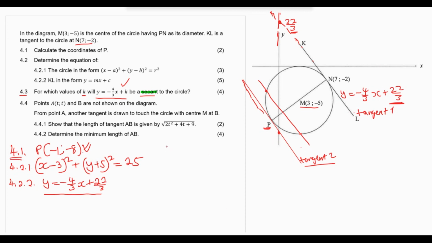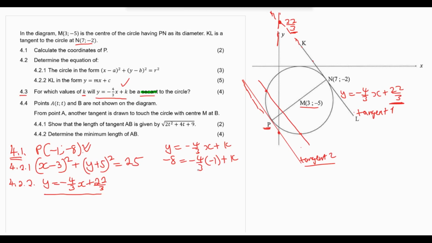So it's going to be y = -4/3 x + k. And then we substitute y = -8 and x = -1. So -8 = -4/3 times -1 plus k. Or you can say plus c, it's still fine.